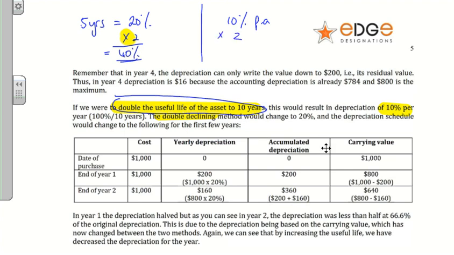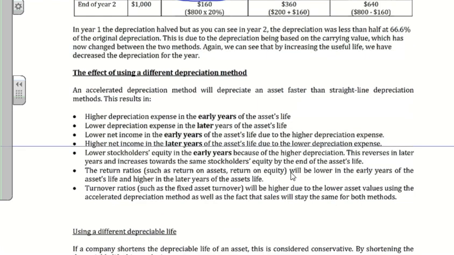Double declining method, double means I do it by 2 times, so I depreciate here by 20%. Can you see over here why in this example, when I change some of the detail, I now go $1,000 times 20%, not 10%. It's the double declining method, so it's times by 2. But the methodology remains exactly the same after that.